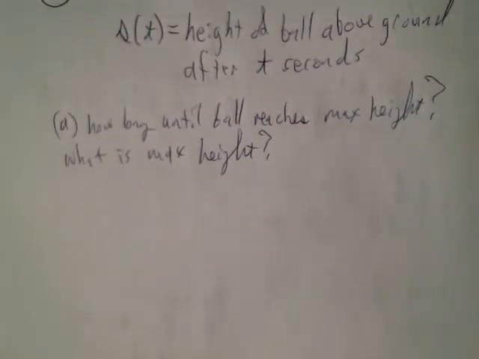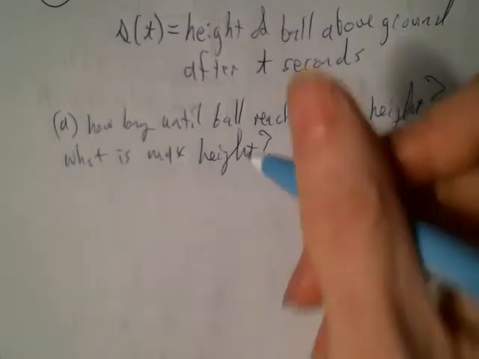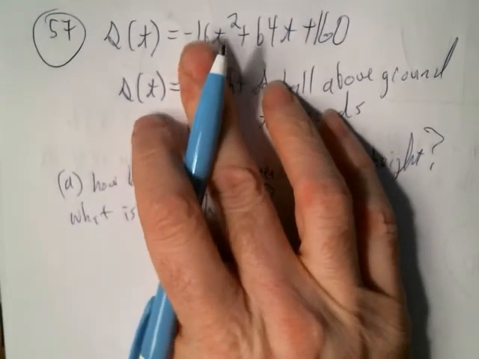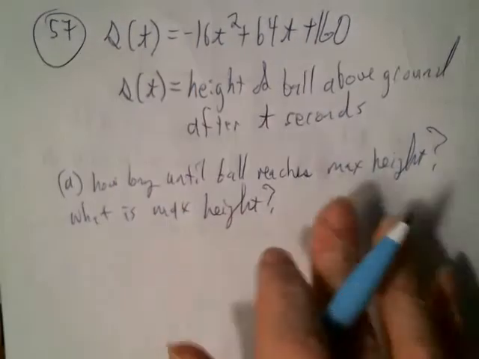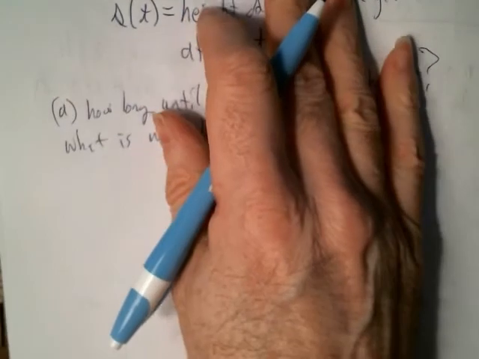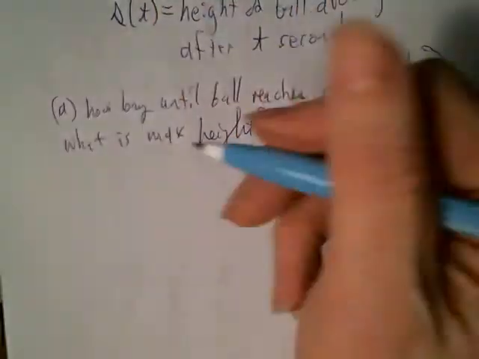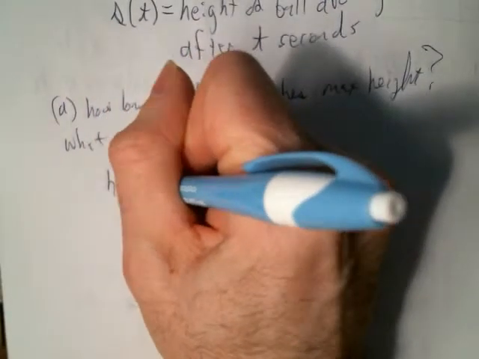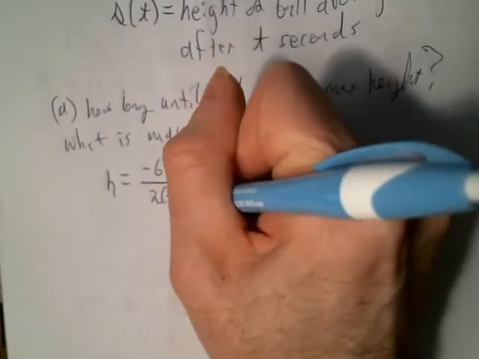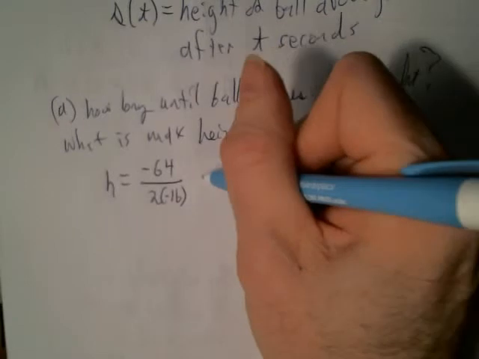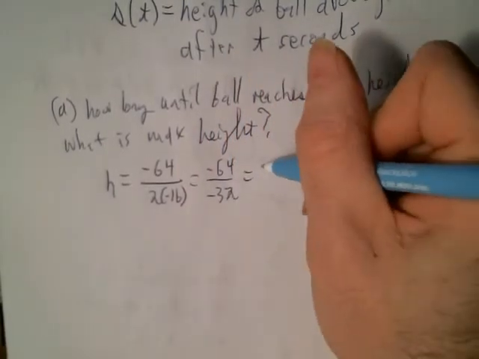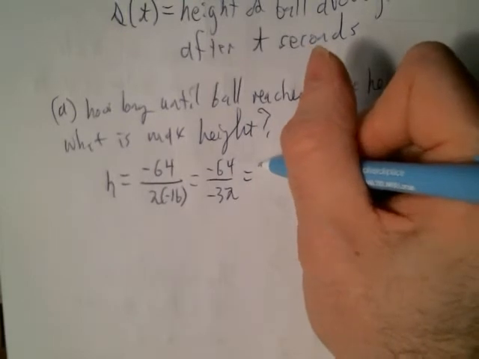Okay, so they're asking you for the maximum of this thing, and if you look at the function, it's negative 16, so the a value is less than 0, so it's a sad face, so you do have a maximum here, and the maximum information is encoded in the vertex. So we need the vertex. H is negative b, so negative 64 all over 2 times a, which is negative 16. So I have negative 64 all over negative 32, which of course negative over negative is positive, and then it's just 2.